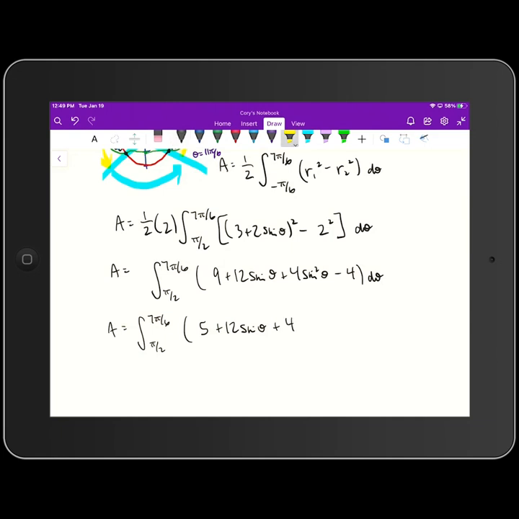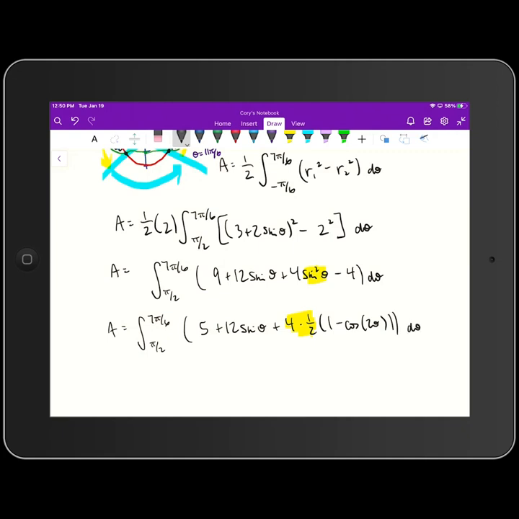Because we can't integrate this the way that it's written right now, we're going to use the power reducing formula to rewrite sine squared as 1/2 times 1 minus the cosine of 2 theta. You don't have to write out this step. If you just want to multiply 4 times 1/2 and get 2, and then multiply 2 times 1 minus the cosine of 2 theta, that's fine.